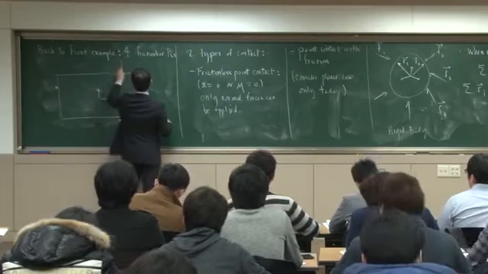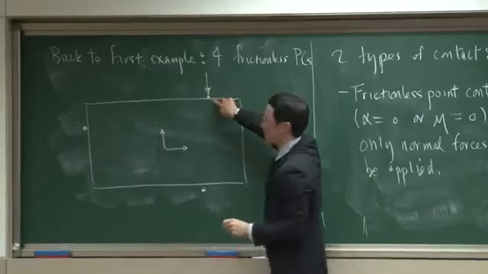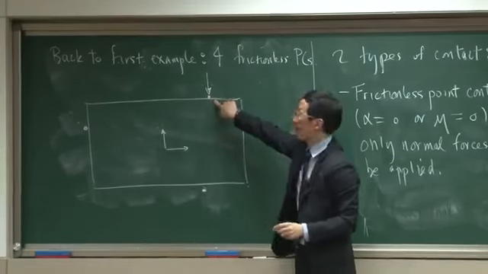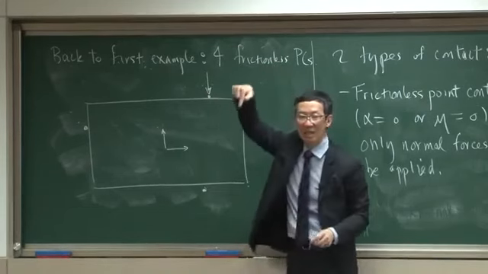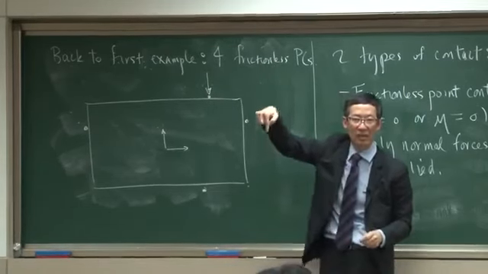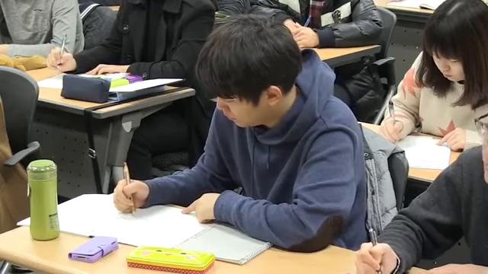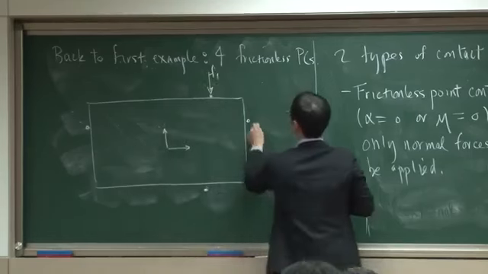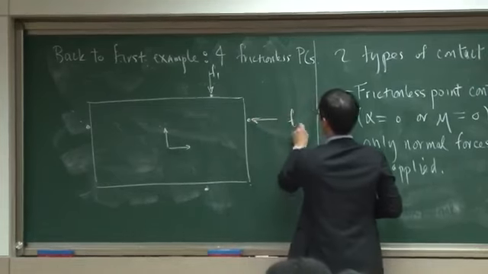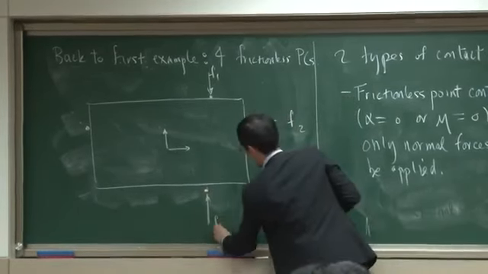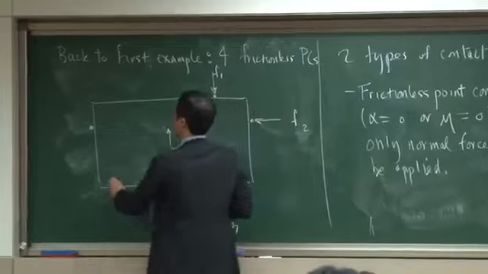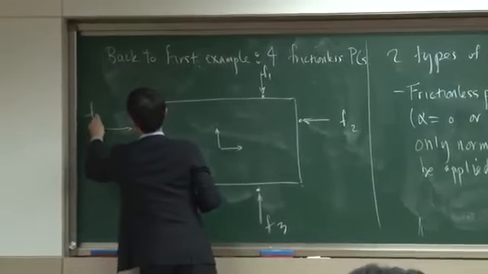Let's say the force applied at this contact, frictionless, so that means forces can only be applied in the normal direction. So let's call this force F1. This is F2, F3, and finally F4.